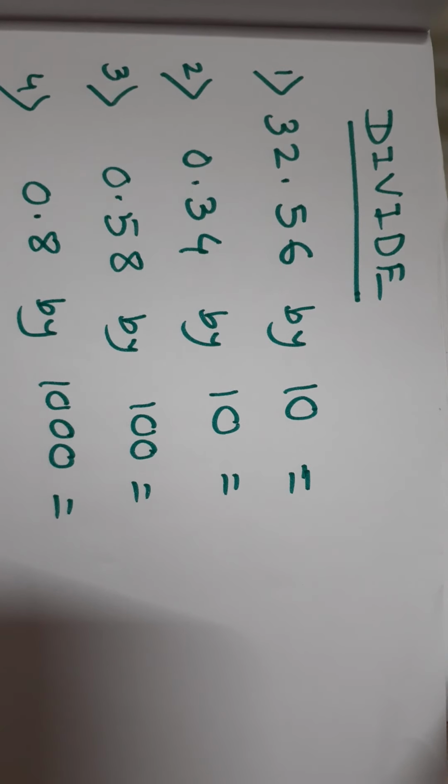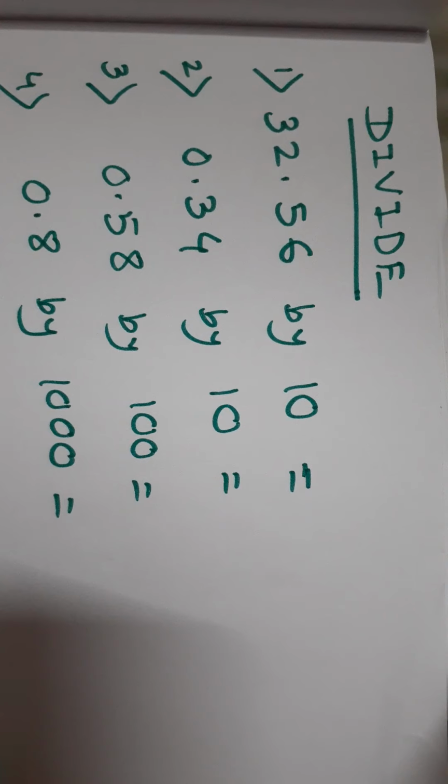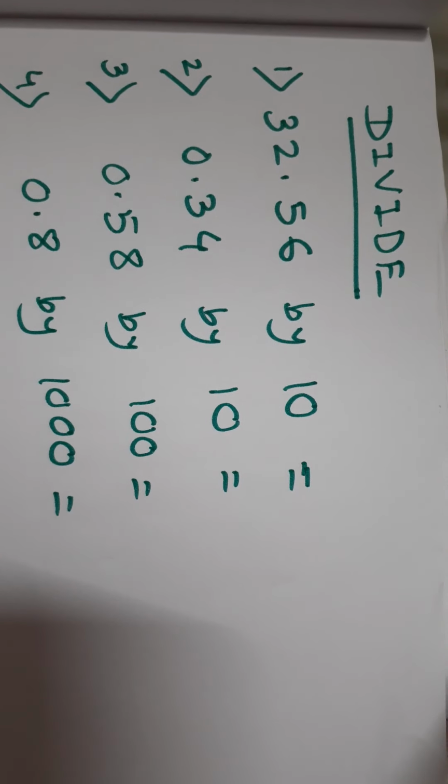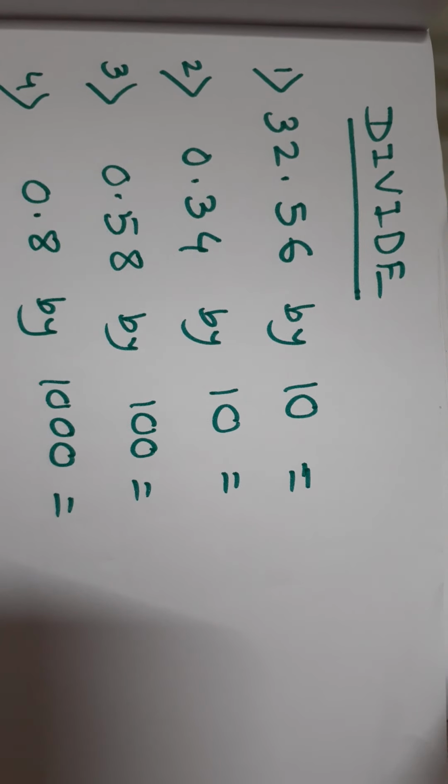So first we will see how to do division if we have to divide some decimal numbers by 10, 100, 1000, like we can say by the power of 10.